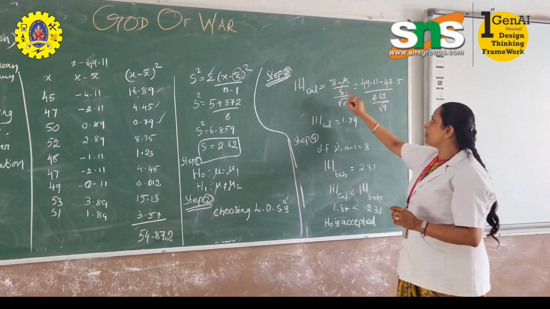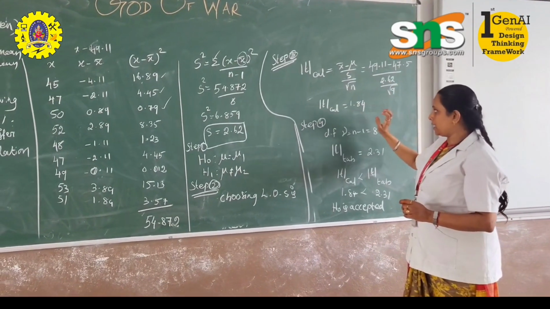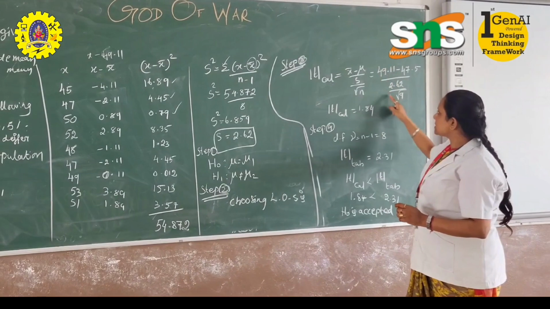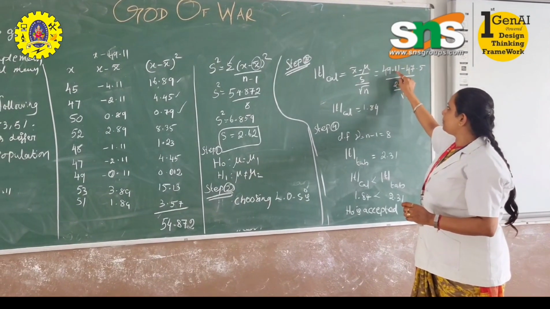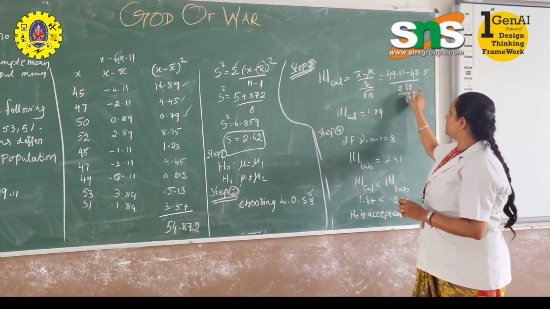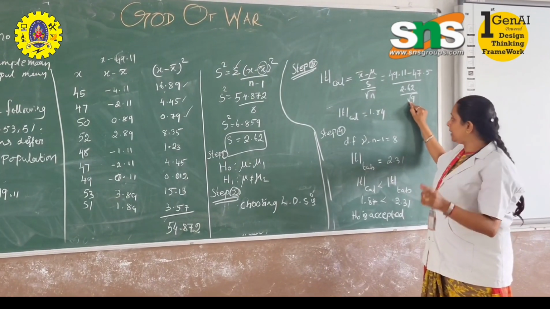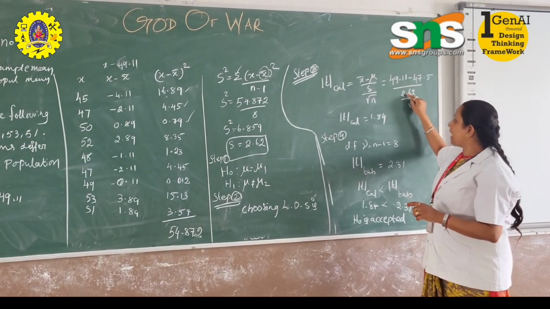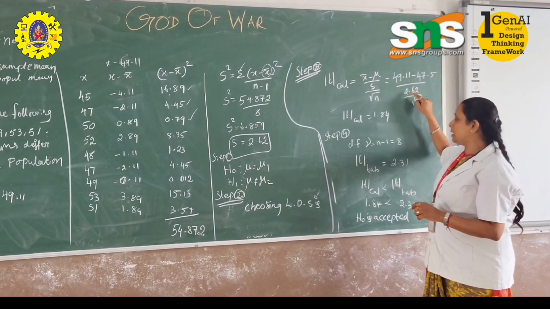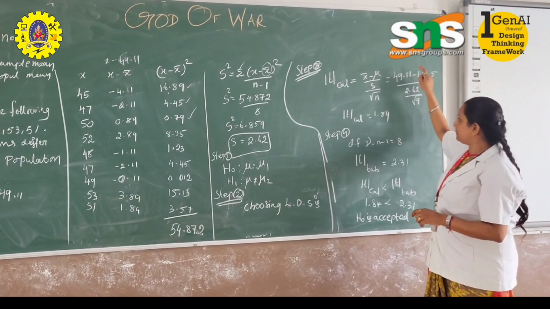After simplification, 49.11 minus 47.5 divided by this: first we find root 9, then divide 2.62 by it, and then divide the difference by this value. We get 1.84. This is our calculated value.